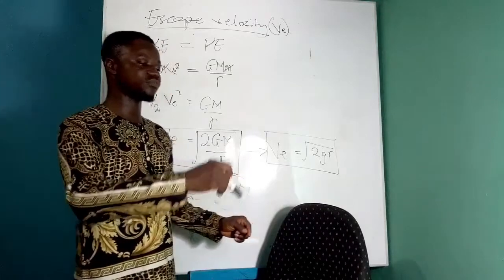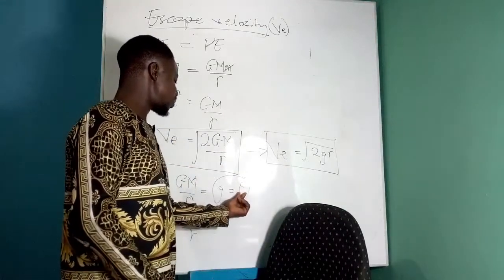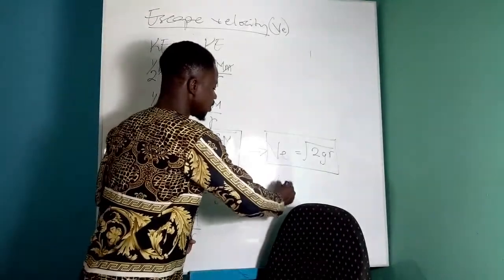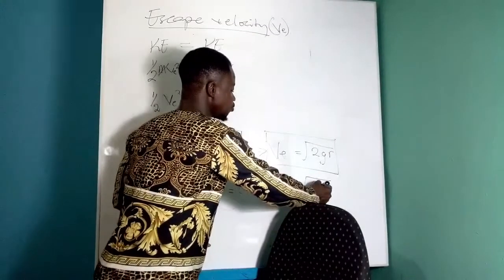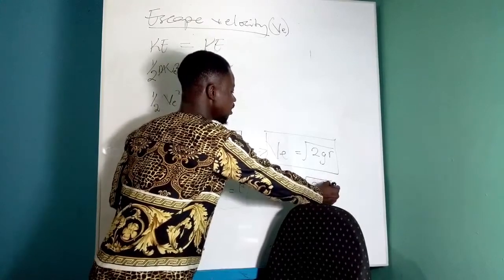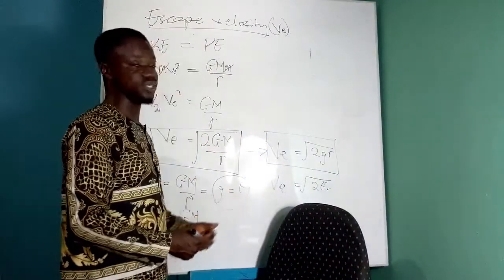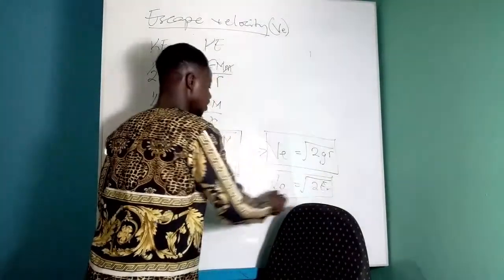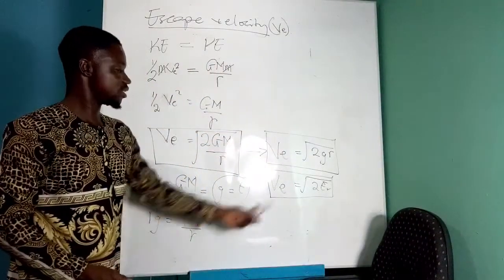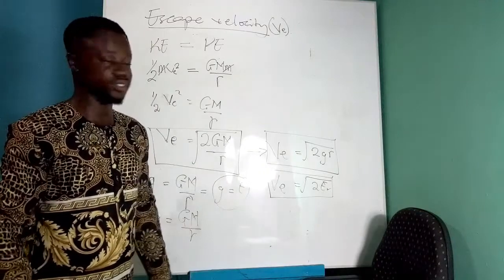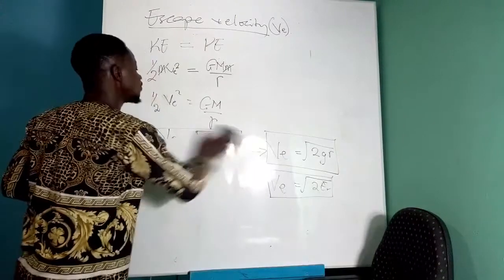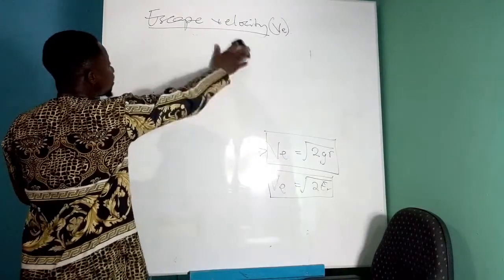So because we are launching the object from the surface of the Earth, we can put the gravitational field intensity at the surface of the Earth, so that VE becomes the square root of 2ER, because we know that g is also equal to E. So this is another relation that can be used to find the escape velocity. Take note of these equations, as you can be asked to prove or use them in any calculation at any point in time.